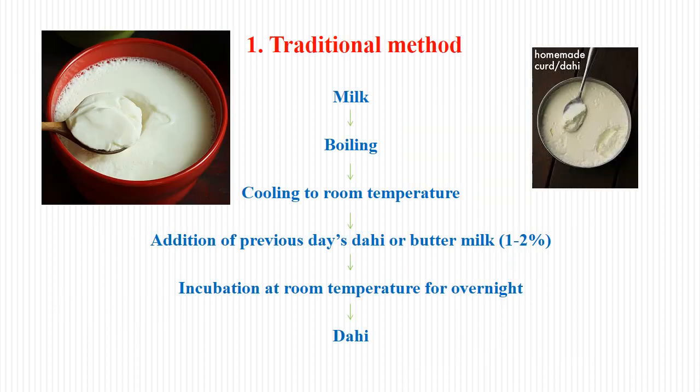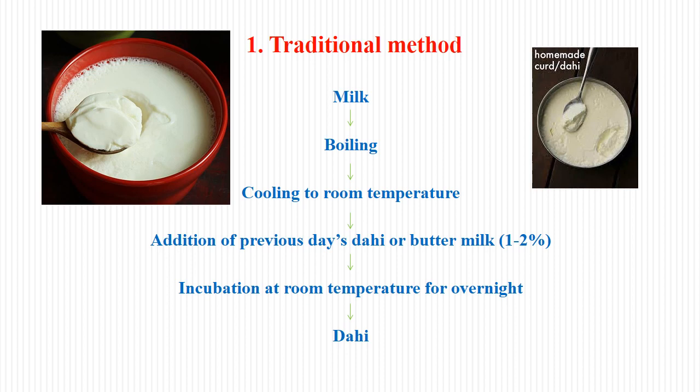Now we will discuss the preparation of curd by the traditional method, which is commonly done at home. This is the sour curd produced in most households. Here the milk is taken, boiled, then cooled to room temperature. After that, the previous day's curd or buttermilk is used as the culture.